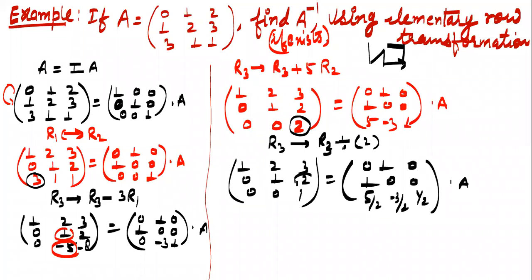Now we will make it 0. That is R2 arrow R2 minus 2 R3, taking R1 and R3 as it is.